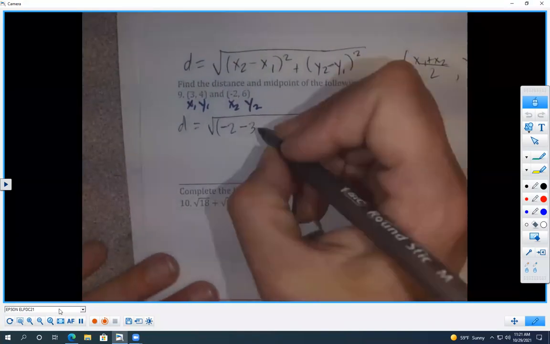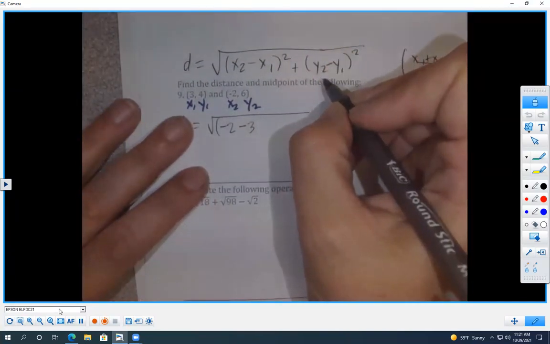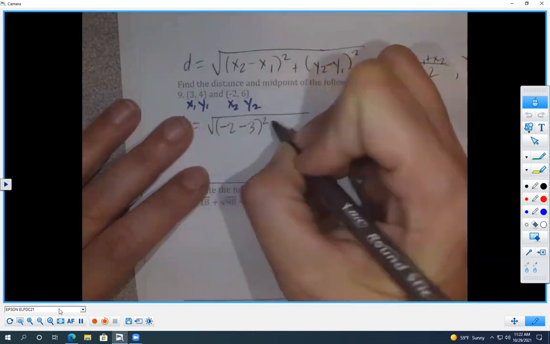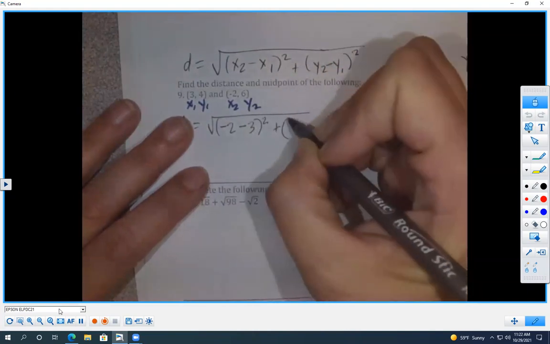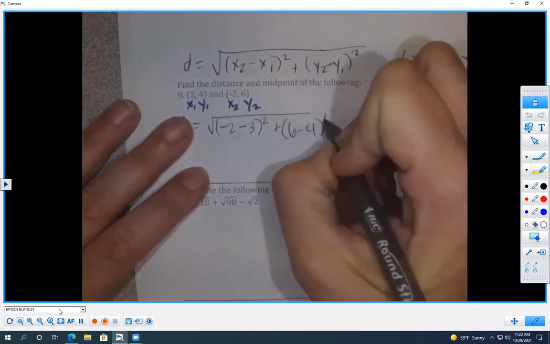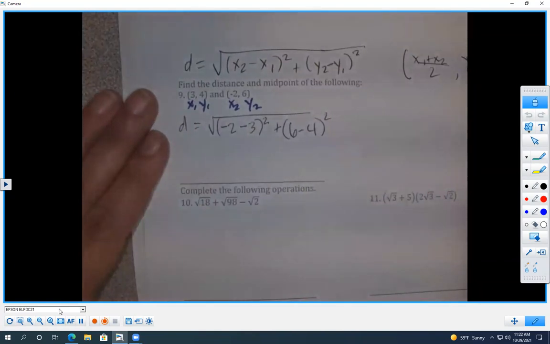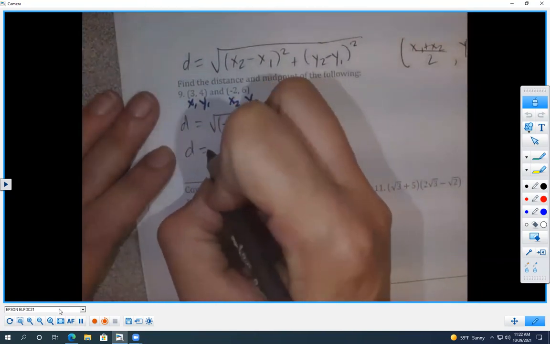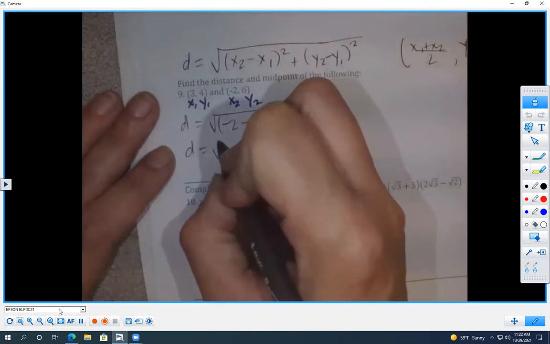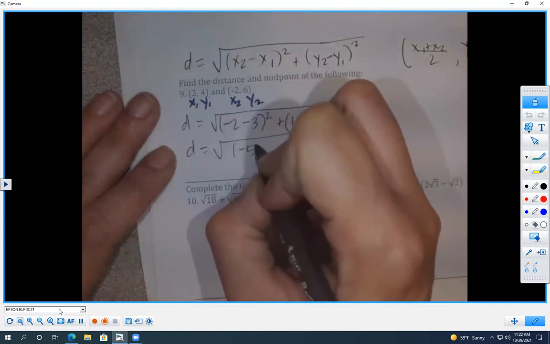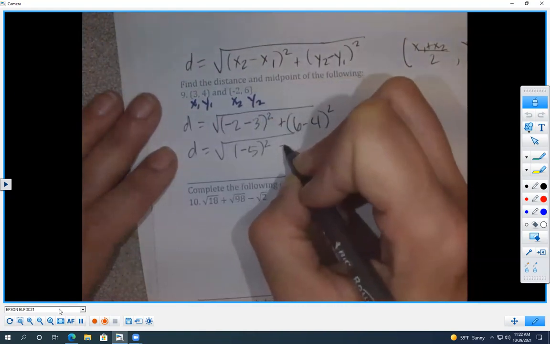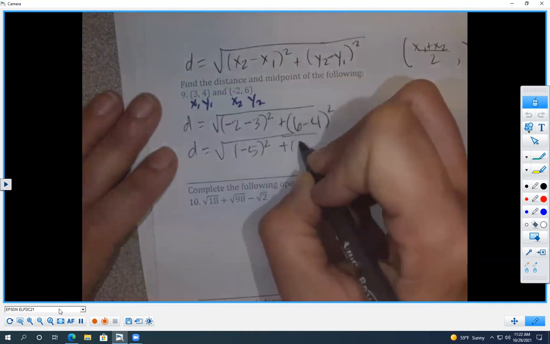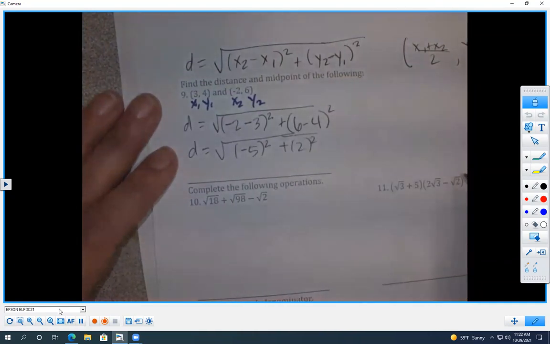Okay, so -2 minus 3 squared plus 6 minus 4 squared. And then you subtract each of them. -2 minus 3 is -5 squared. 6 minus 4 is 2 squared.